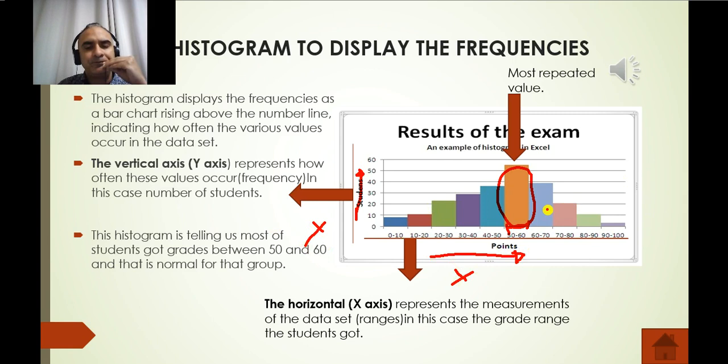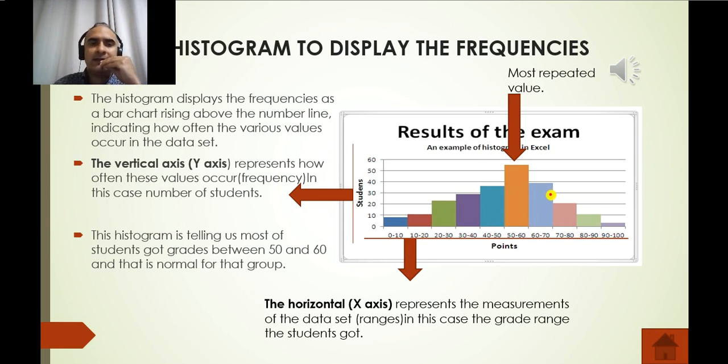Here we can see ranges. It can also be single numbers. It can be just 10, just 20, just 30, but here we're using ranges because grades can go all the way from 0 to 100. In this histogram we can see that the majority of the numbers are accumulating in this area.